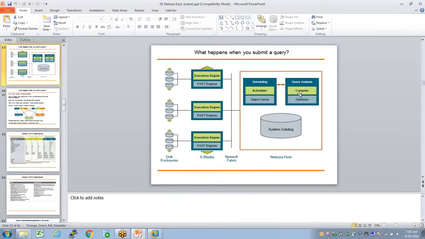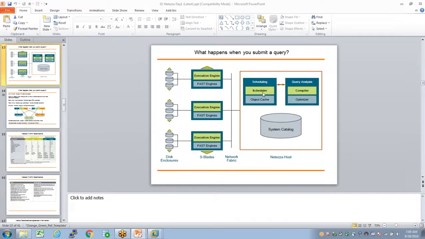The query is compiled. If the query already exists in the object cache, it is taken. Then the optimizer comes into the picture. The optimizer's responsibility is to divide the query into smaller snippets. Now those snippets are given to the scheduler.